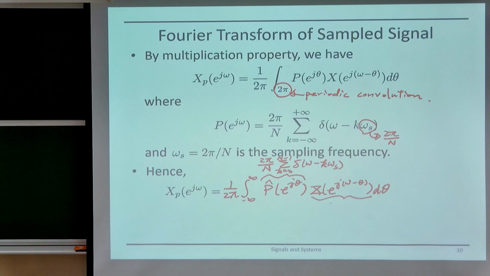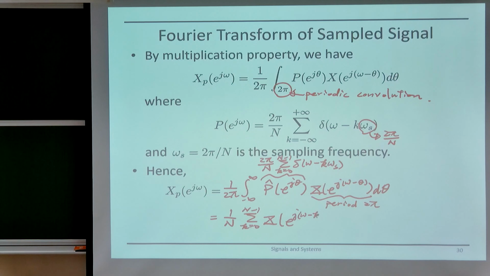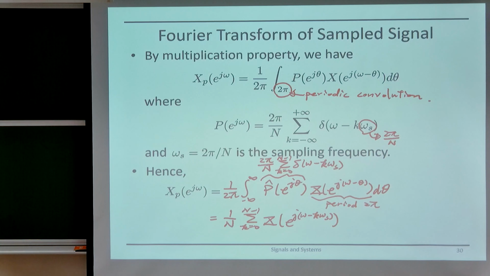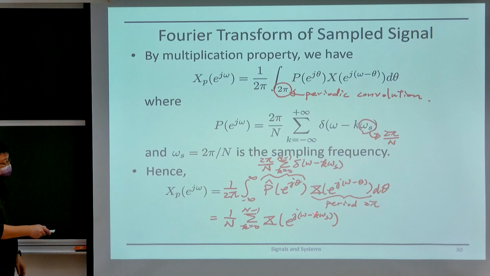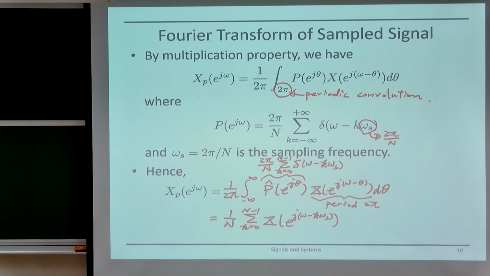Nonetheless, when you take the convolution of these two, you get 1 over N summation k from 0 to N minus 1 of the spectrum e to the j omega minus k omega s. You have this spectrum repeated at every integer multiple of omega s.